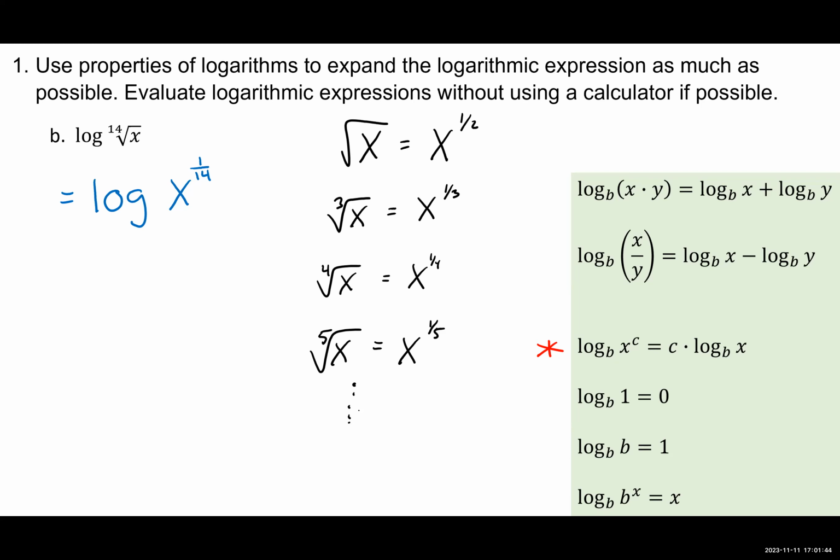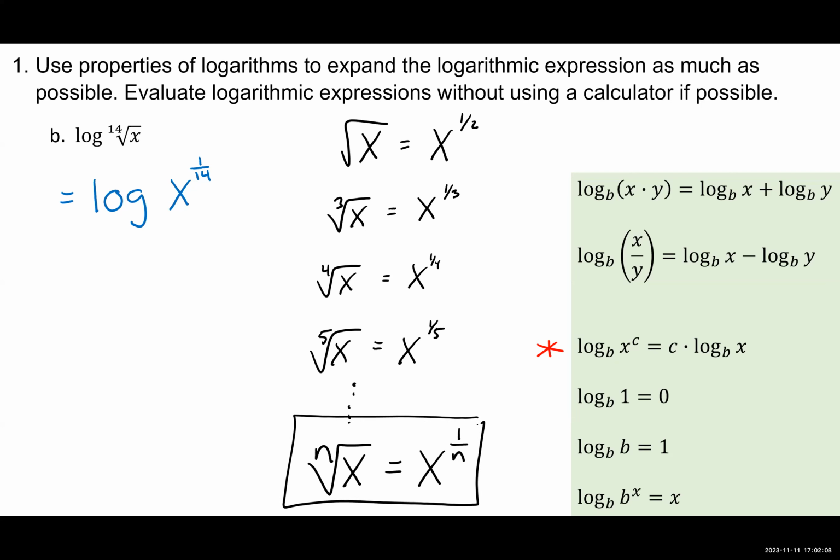So the 14th root of x would be x to the 1/14 power. The nth root of x is equal to x to the power 1 over n. It's another rule of exponents, not part of the current topic, but something we need to pull in from the past.